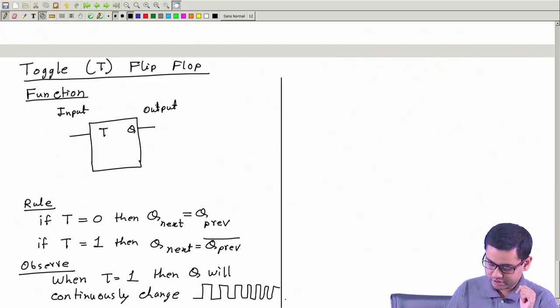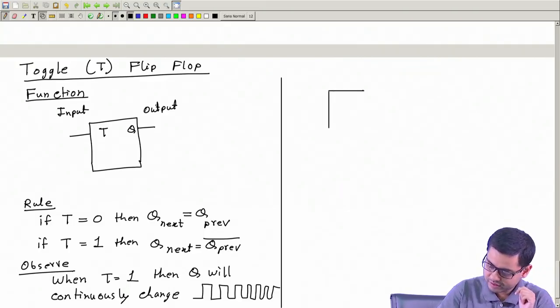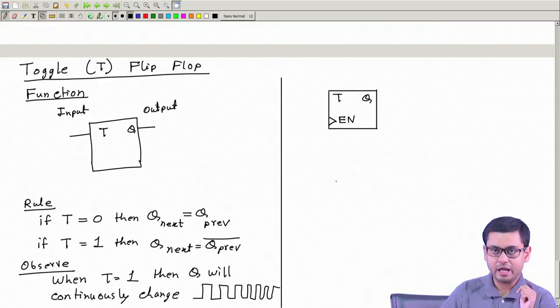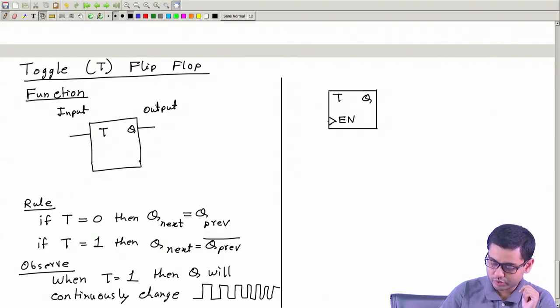So, the modification is this. This is the T flip flop. It has input T, output Q. We will have a clock enable En. These are inputs, of course, and this is the output.